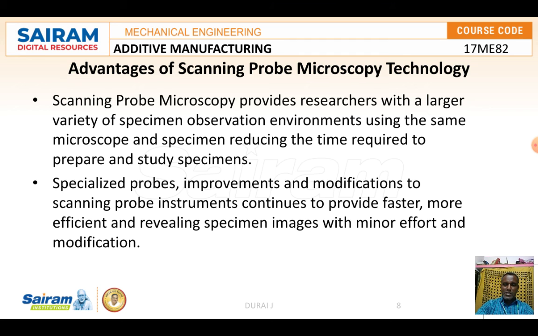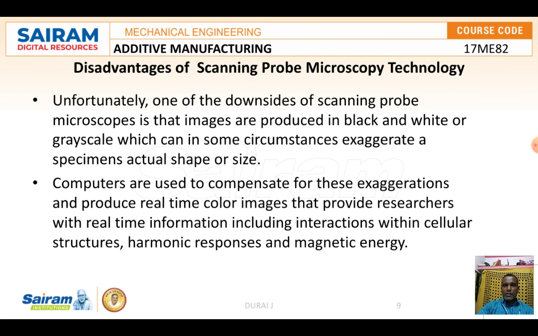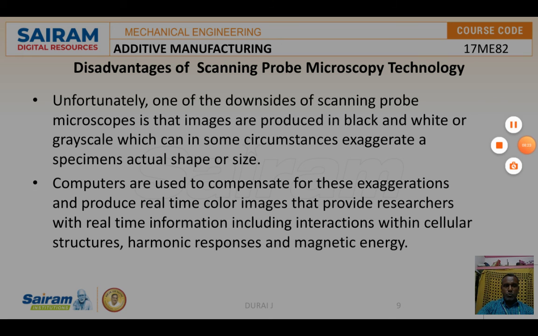Specialized probes improve the indication of scanning probe instruments, like in an optical comparator, where some specialized probes are used to measure dimensions. Same here, they are used as specialized probes. These instruments continue to provide faster and more efficient revealing of specimen images with minor effort and modification.